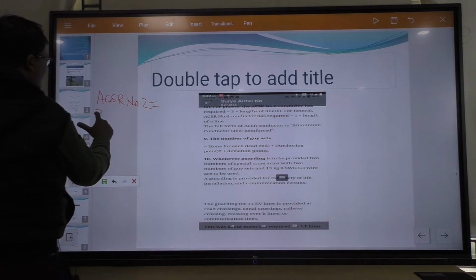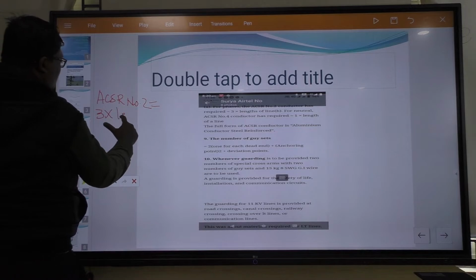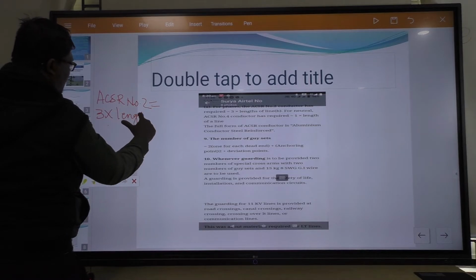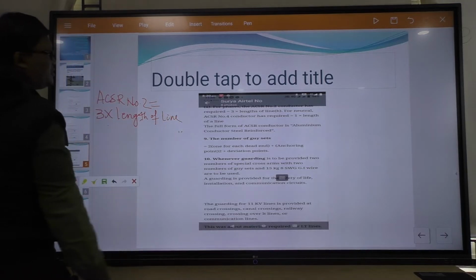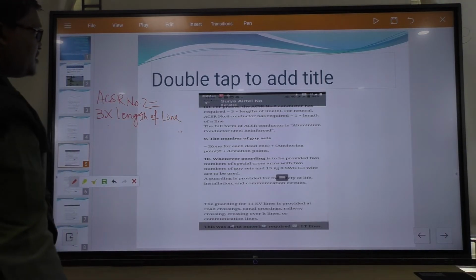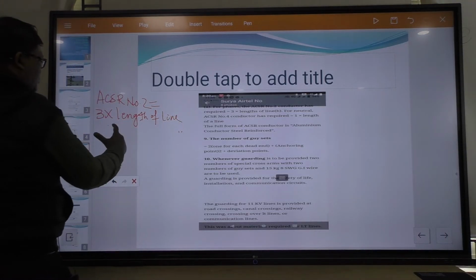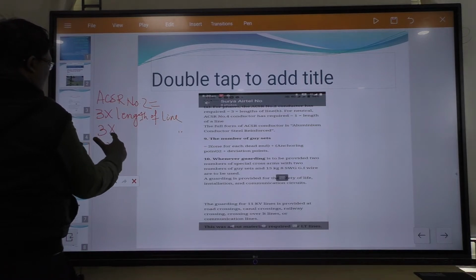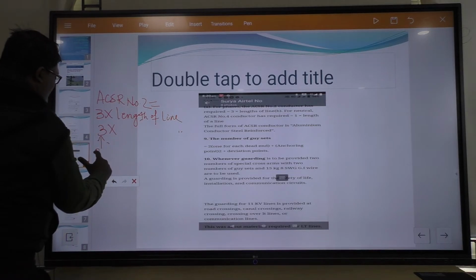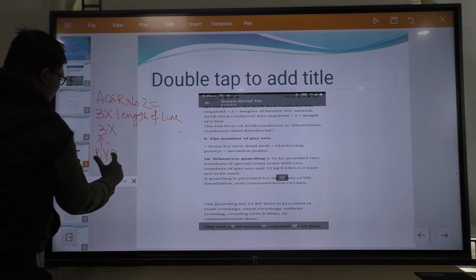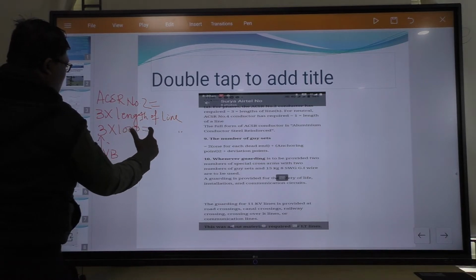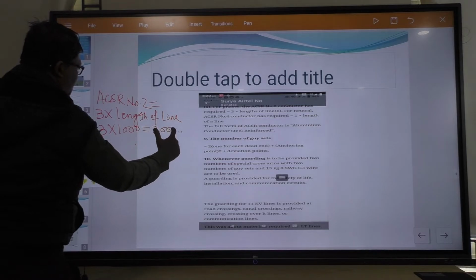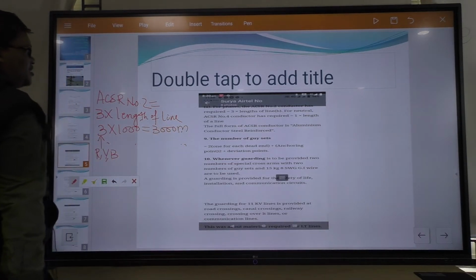The length of line here is 1000, and 3 stands for the 3 phases RYB. So the total is 3000 meter.